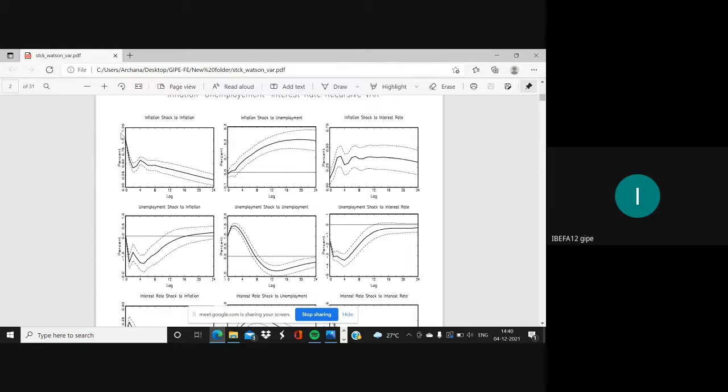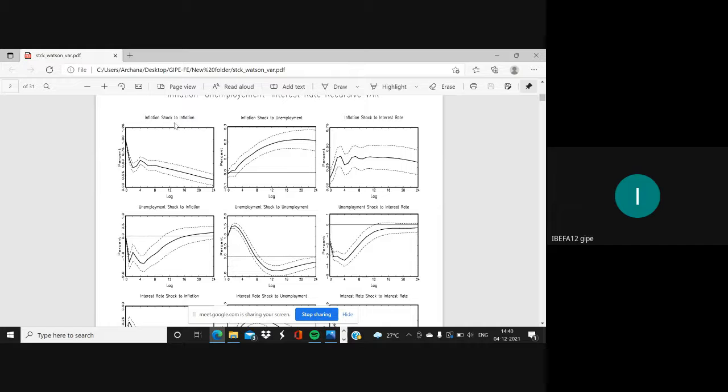And if you look at the y-axis here, you'll see the percentage change in a particular time series. Here we are looking at inflation. Just think of inflation as the y variable, yt, unemployment as zt, and let's say the interest rate is wt. Just for simplicity, I'm taking this notation.